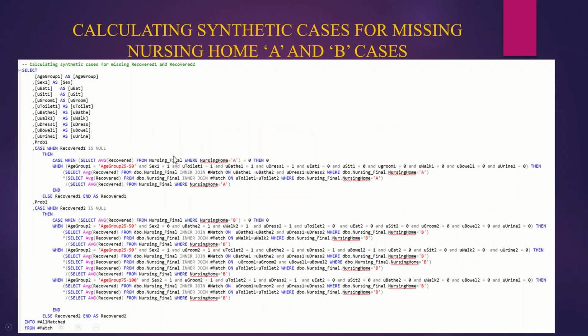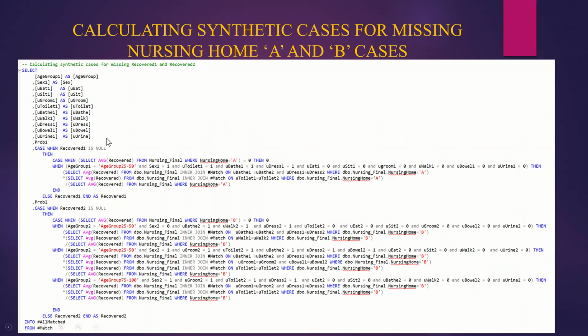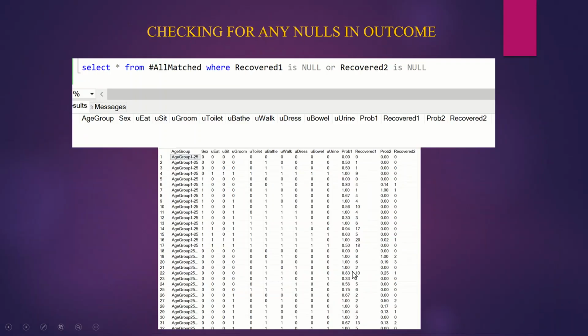So I wrote a query. I wrote a condition where the covariates actually match these particular null value covariates. So I have one case from nursing home A and 3 cases from nursing home B. So I wrote one condition for nursing home A and 3 conditions for nursing home B. And I kept all these into the all matched temp table.